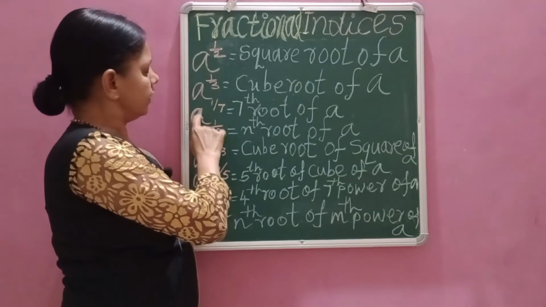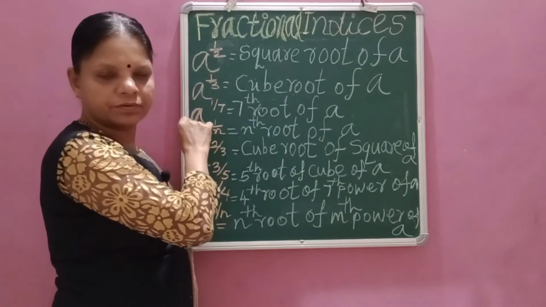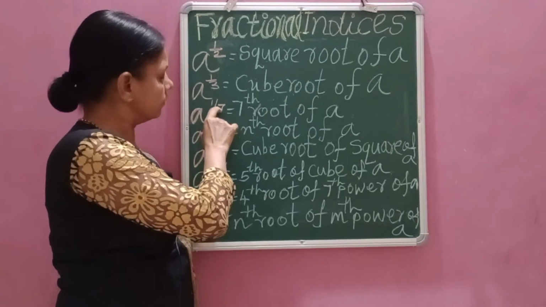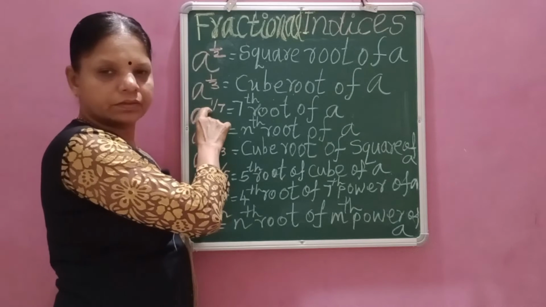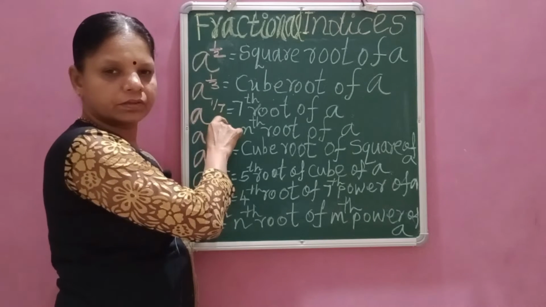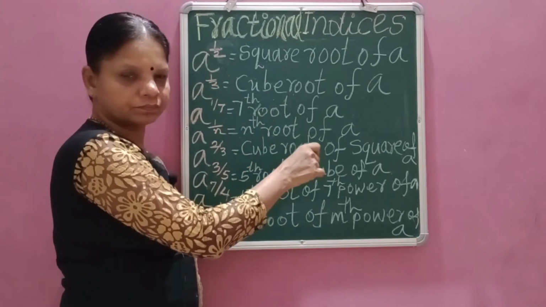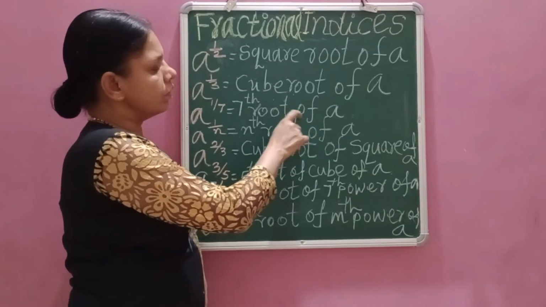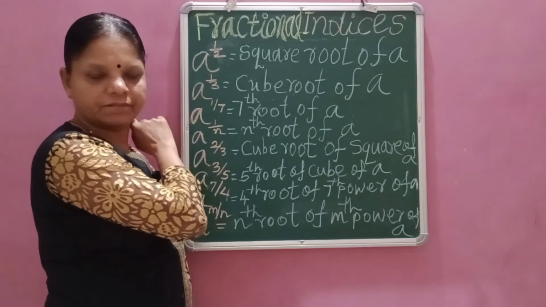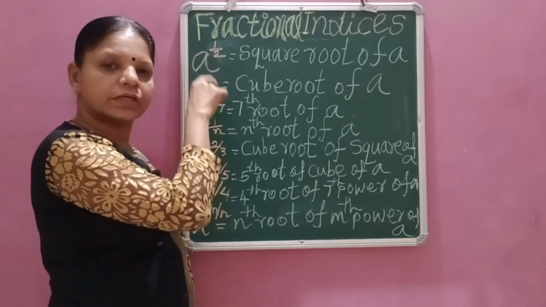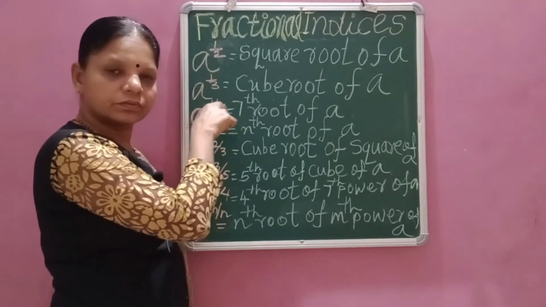Next one, see, a raised to 1 upon 7. How to read it? Here also 1 is there in the numerator, and the denominator shows repeated division, that is root. Seventh root of a. You can use the root sign, the radical sign, also.